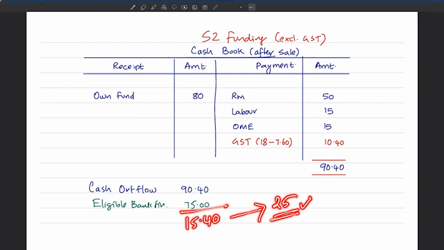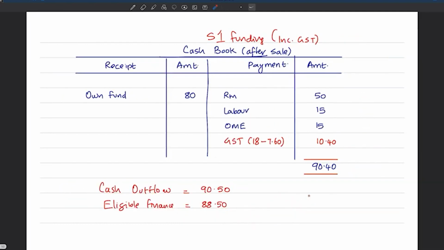So which scenario is considered more ideal? Is it scenario 1 or scenario 2? In scenario 1, he's been funded 88.5, which is very close to the cash outflow, of course, but he's also asked to bring in a margin of 29.50. So this 88.5 plus 29.50 makes 118.